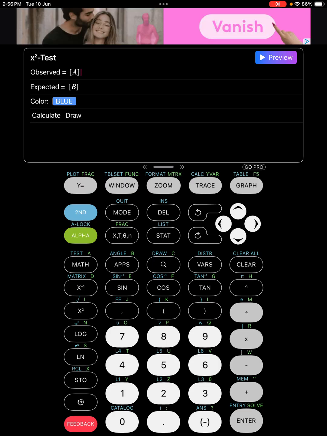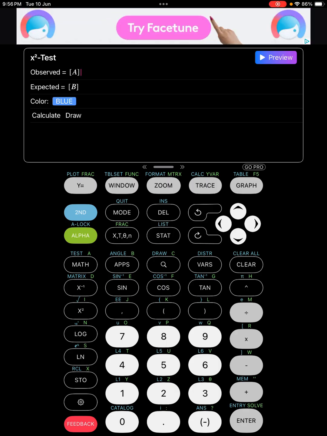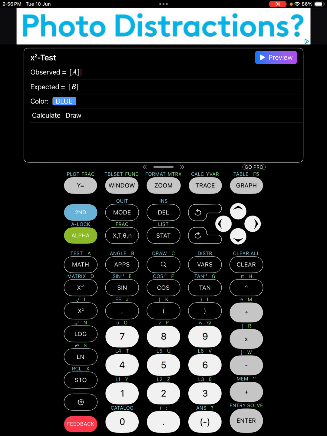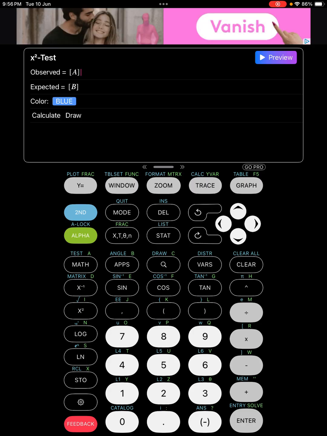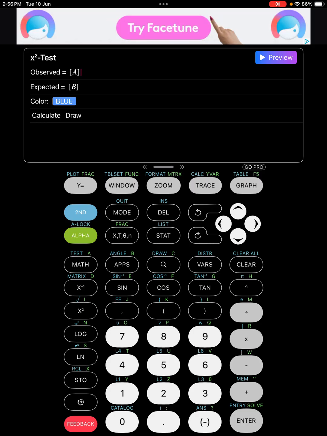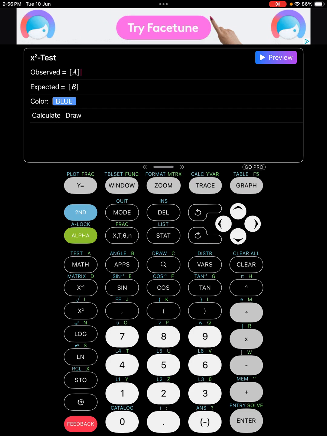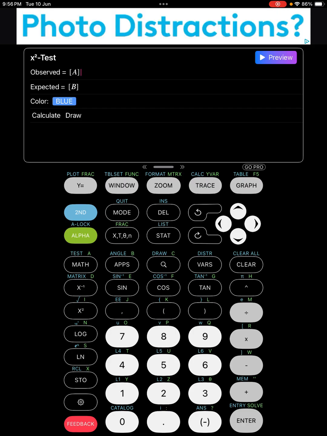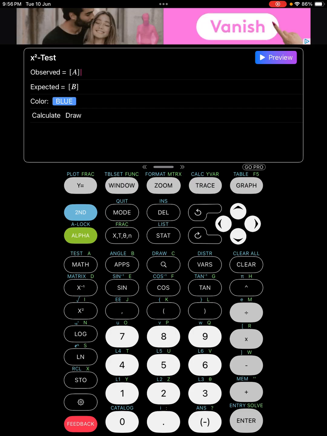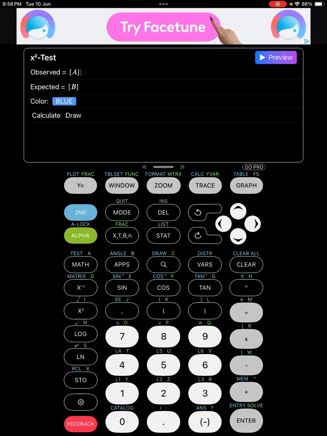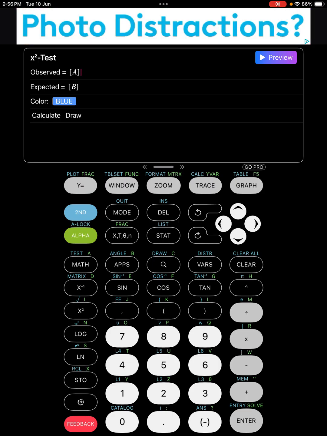The expected frequency is the number of drivers we would expect to see using theoretical probability, and that will be automatically calculated in matrix B. There is nothing you need to do about this, because it will be calculated automatically for you.